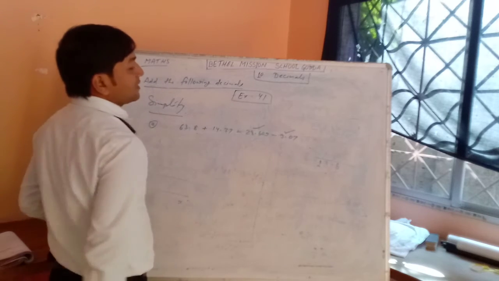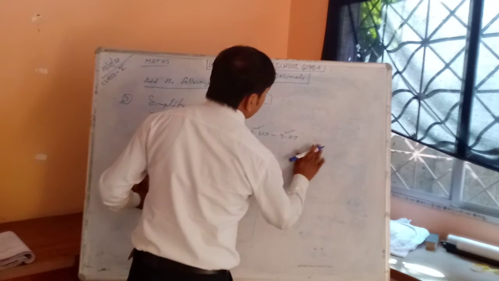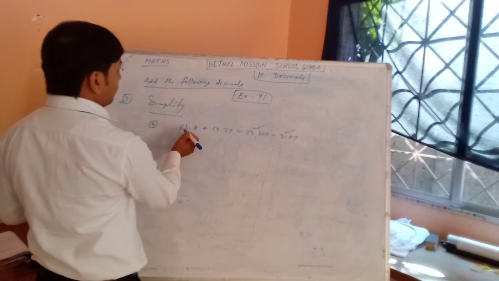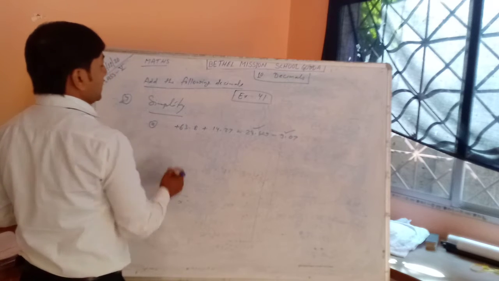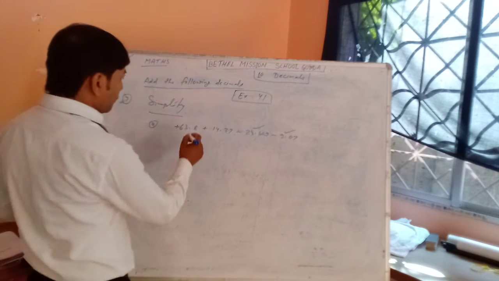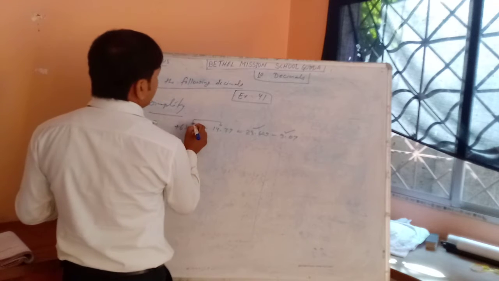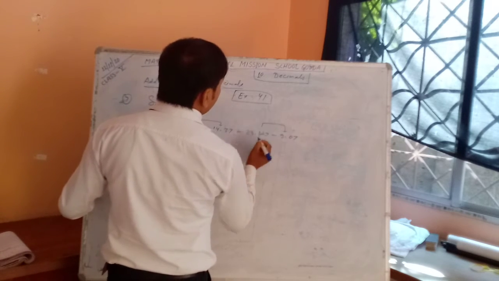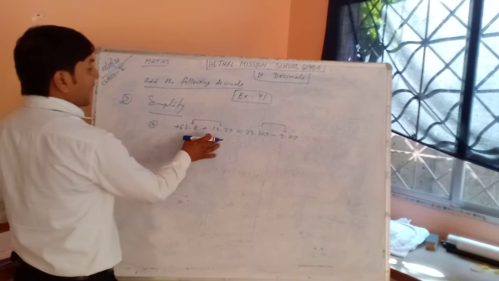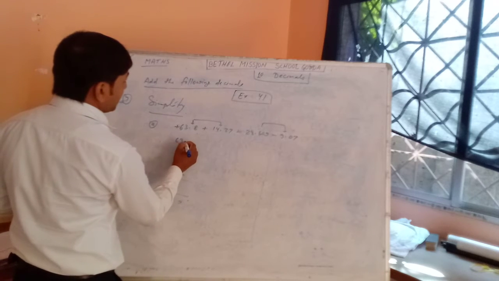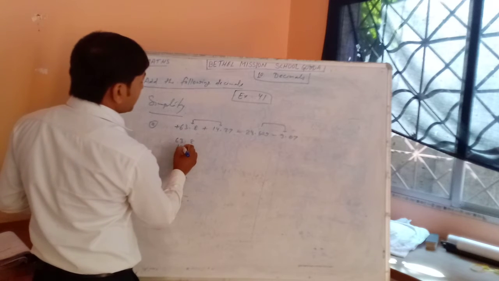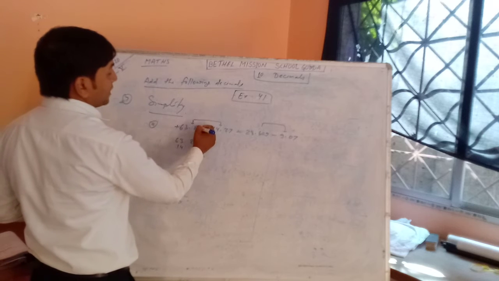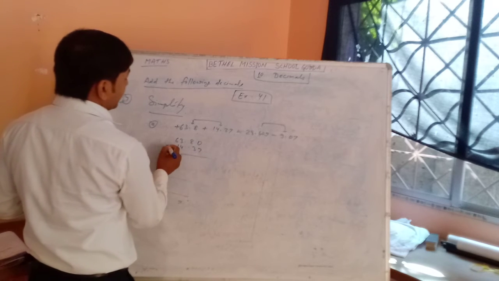The symbols given before the number are included. The others have plus or nothing, which means they are positive numbers. Both are positive and both are negative. So first add both positives. You can write 63.8 and 14.37, and we can put 0. First we convert into like decimals and add both.